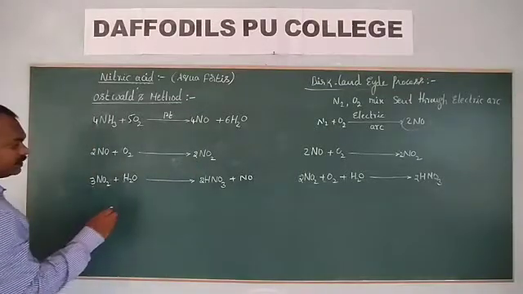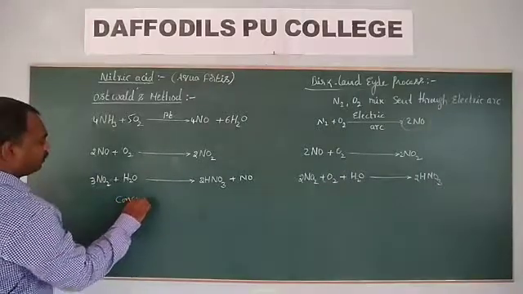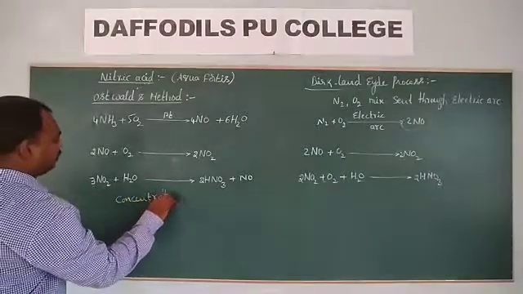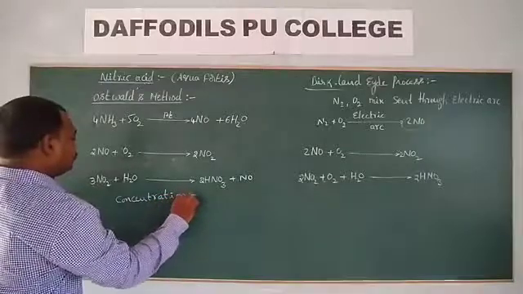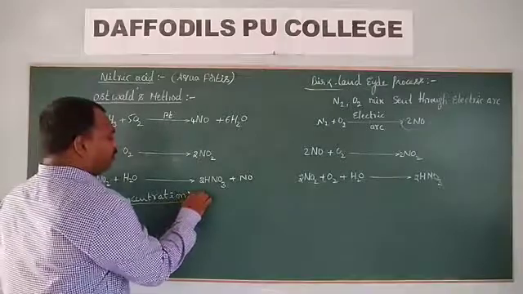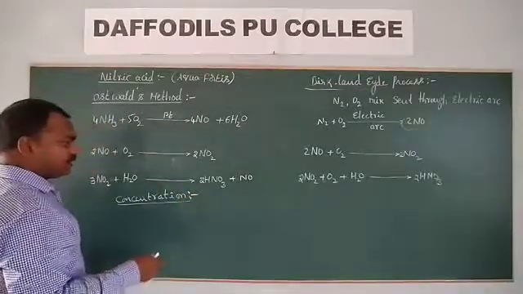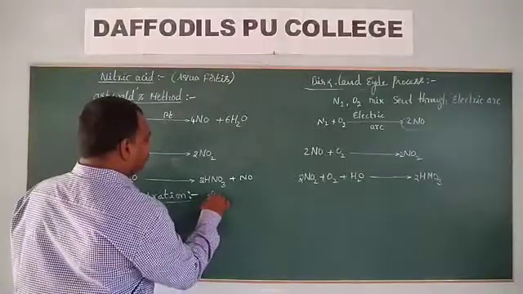Next one, concentration of nitric acid. Concentration of nitric acid means removal of impurity. Removing the impurity from this nitric acid is known as the concentration of nitric acid.